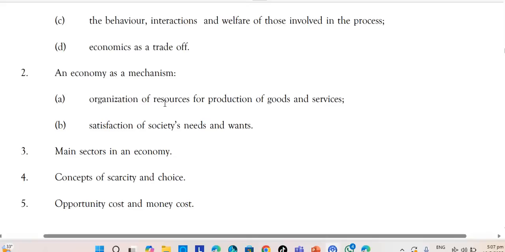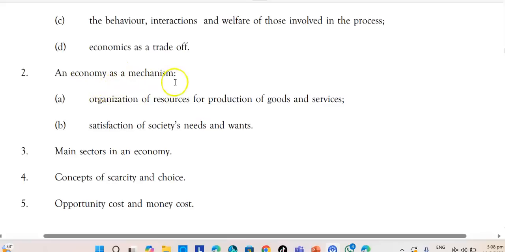The economy makes decisions. It decides what to produce, how to produce, and for whom to produce. The economy, as a mechanism of organization, distributes goods and services, ensuring that people and businesses receive the goods and services they need.